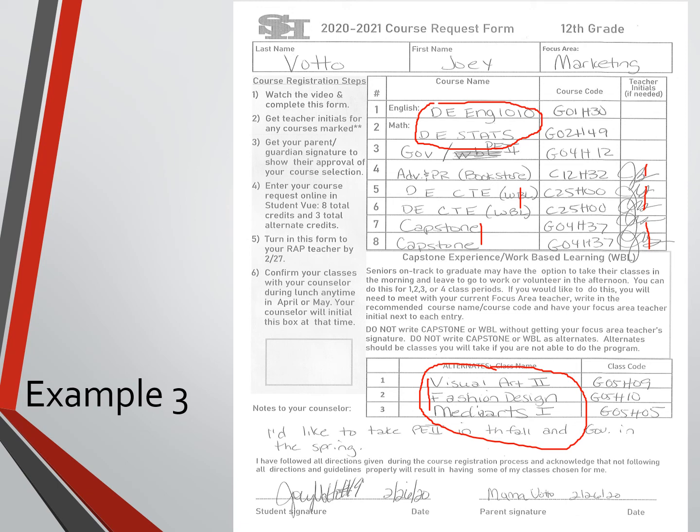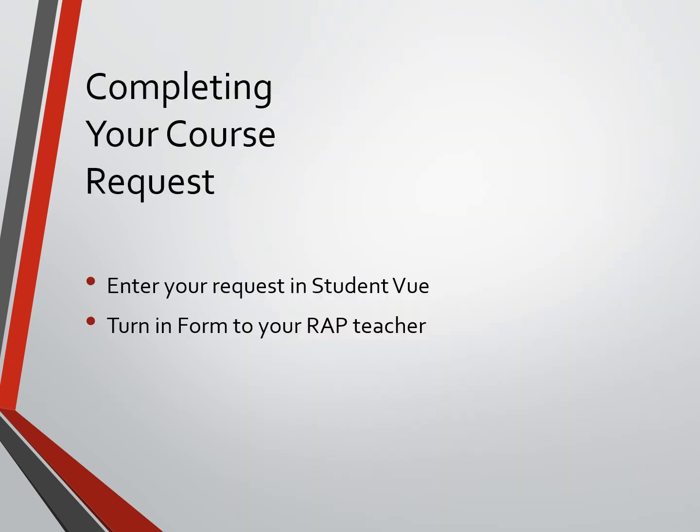Also, Joey utilized the notes to your counselor down here. Draw a little note about where they may want classes placed. As counselors, we'll do our best to give you what you request. Sometimes it may not be possible, but it never hurts to make a note so that we can consider and try all your options.